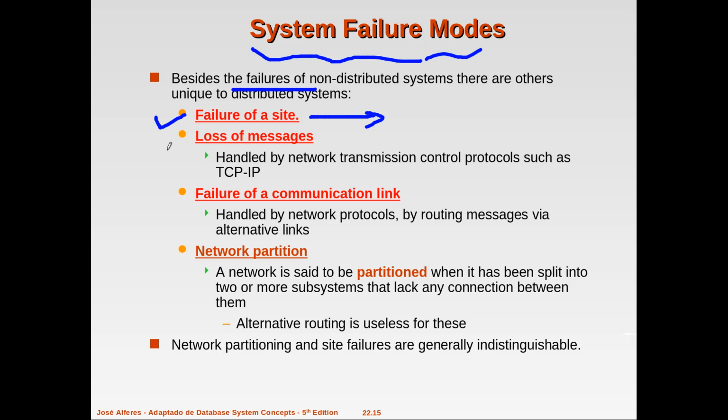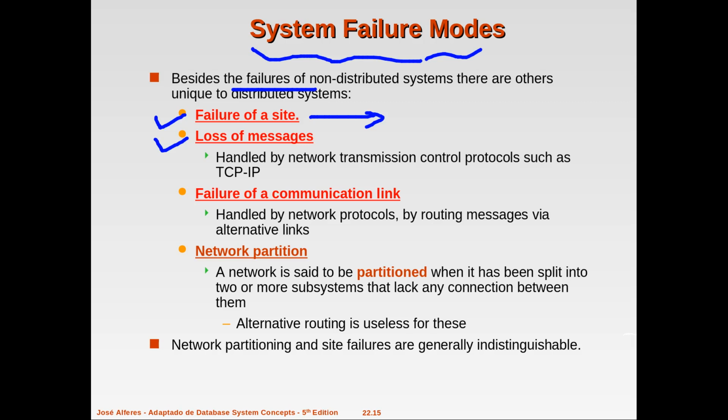Now the second failure may be due to the loss of messages in between. As you know, in distributed architecture, the different sites are connected through a high-speed network, and if for any reason some messages are not reaching a particular site, that will be a problem. For example, if a transaction coordinator distributes a sub transaction to another site and that message is not received at the second site, that will be a problem.